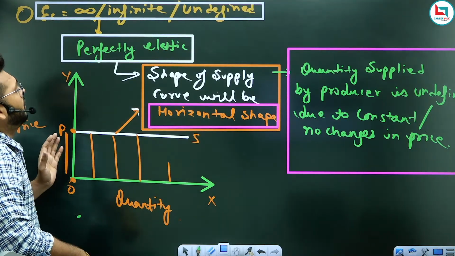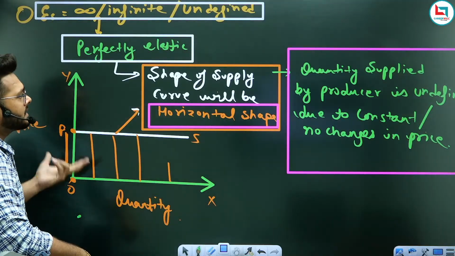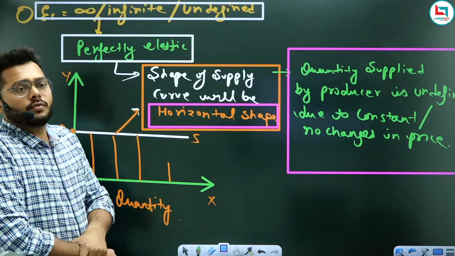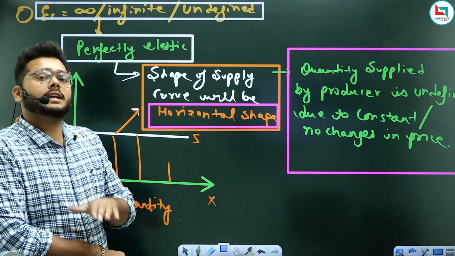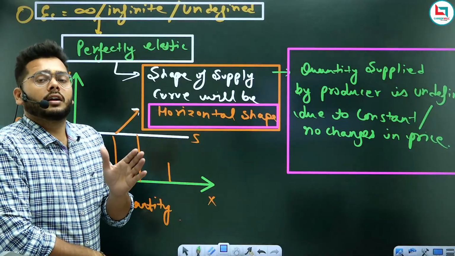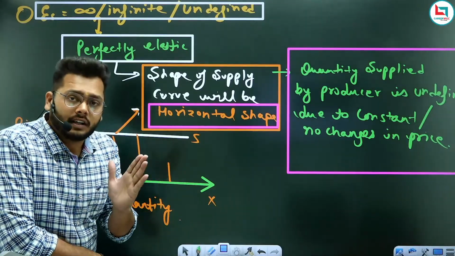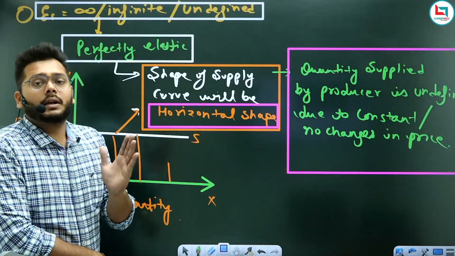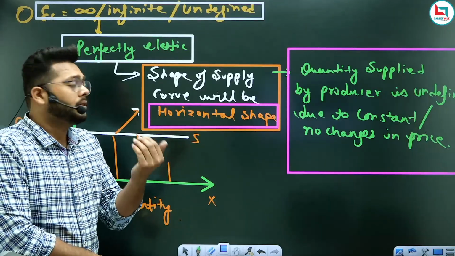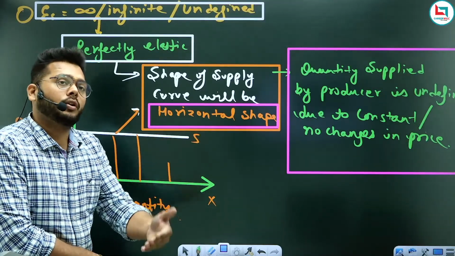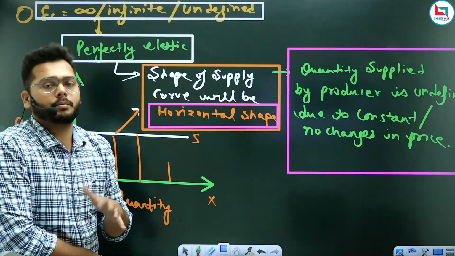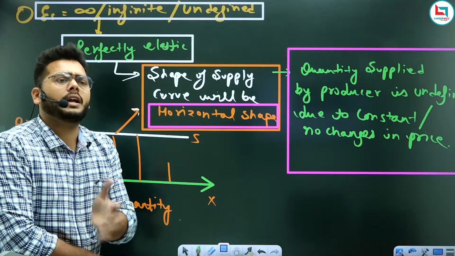So what is the situation in perfectly elastic? The price is constant, but the supply may change more and more. It may be more or less, because the change in supply is not defined.